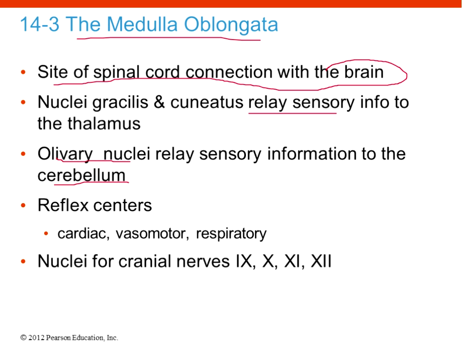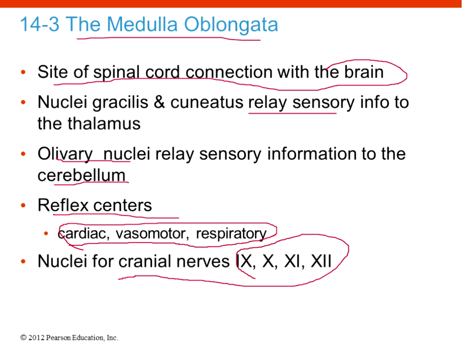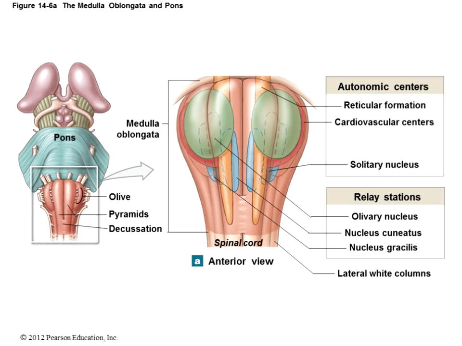Olives are going to relay sensory information over to the cerebellum, but also can house the nuclei for those cranial nerves that I mentioned, but also regulate reflex centers like cardiac, vasomotor, respiratory, digestive, things like that are going to be controlled through the medulla. So medulla has some functionality, again, not quite as complex as we're going to see with other parts, but that gives you an idea of some of the function of what we're going to see with the medulla.